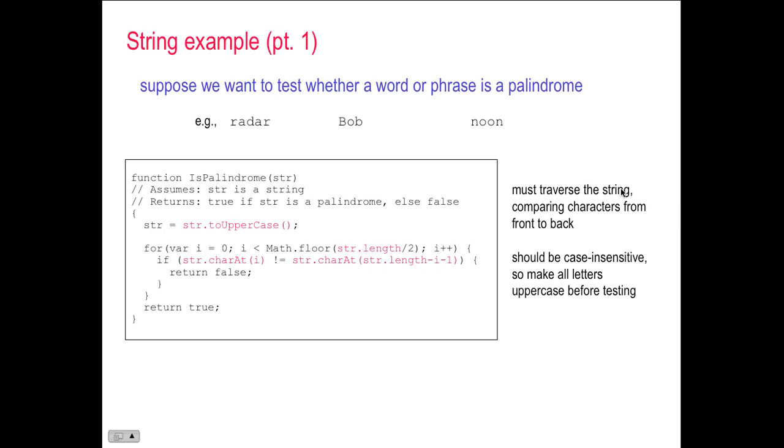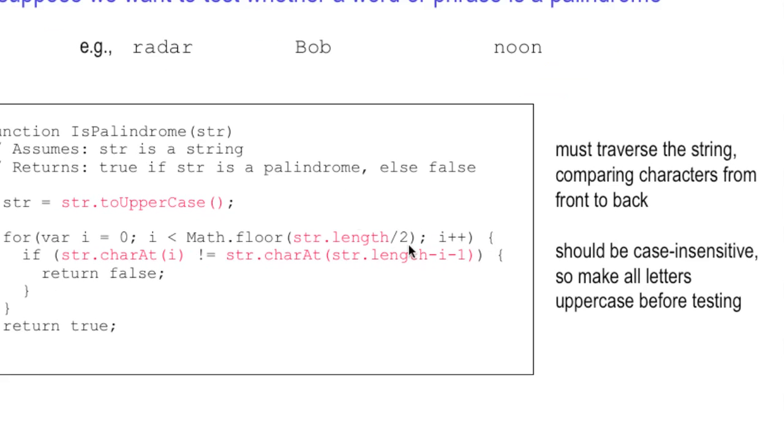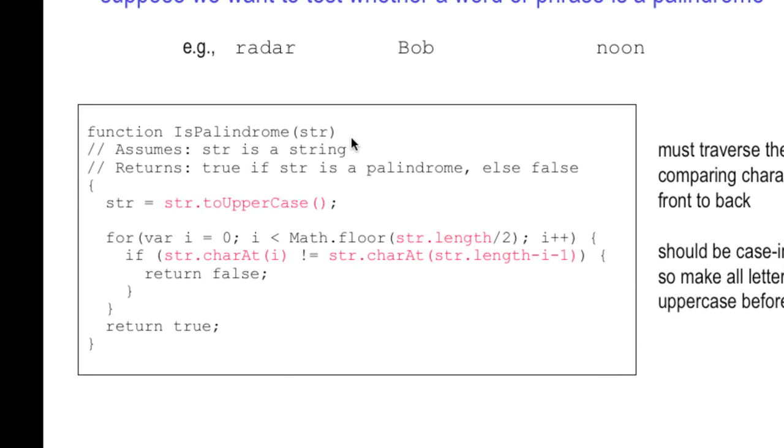So what do we got here? We want to make sure it's not case sensitive because actually that would come out wrong. So you must traverse the string comparing the characters from front to back. It should not be case sensitive, so make all letters lowercase before testing. So here's the test. A function isPalindrome with a string.